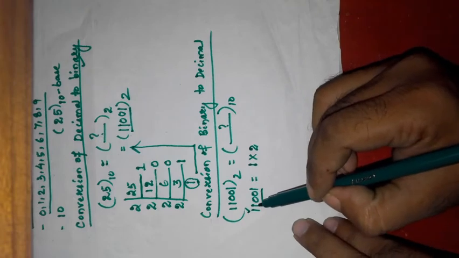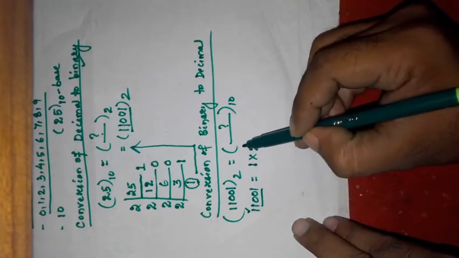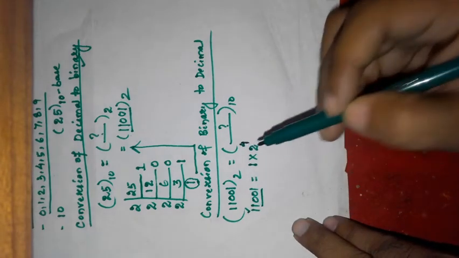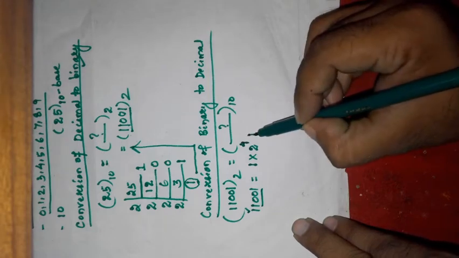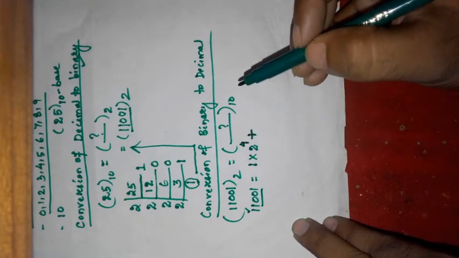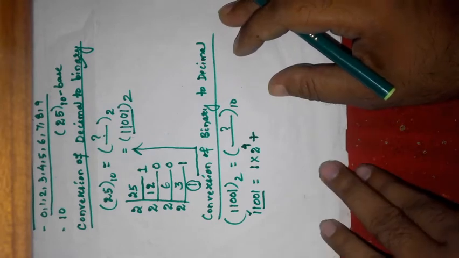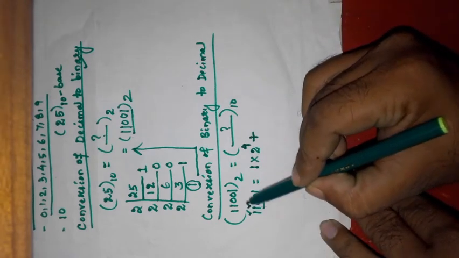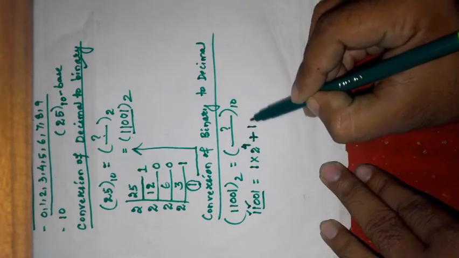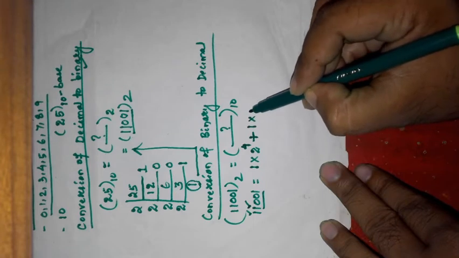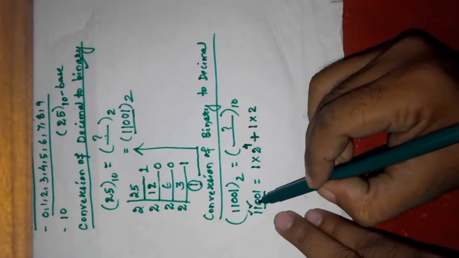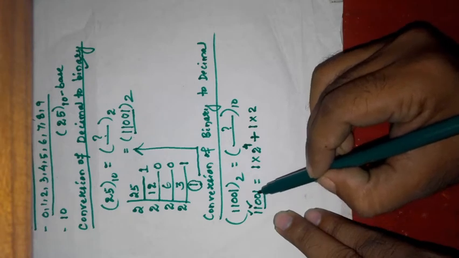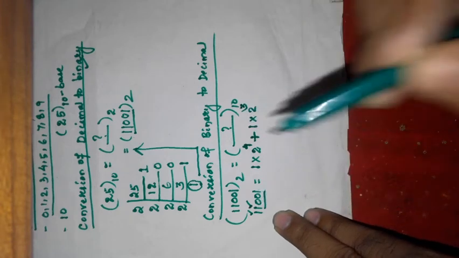There are 4 digits, 1 2 3 4, so you write the power as 4. Then you place a plus sign. Then the next digit is 1 into 2. Then calculate how many digits are left, 1 2 3. Then you write 3.